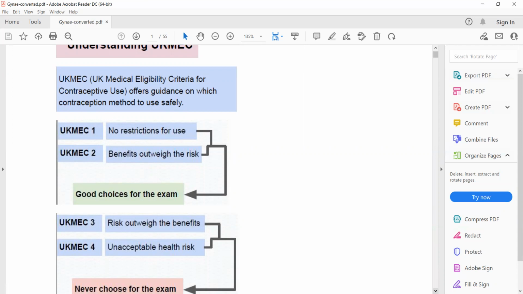So UKMEC 1 means the contraception can be used freely and there is no restriction to use contraception. UKMEC 2 means the benefits outweigh the risk. There is some risk with the use of contraception, but still the benefits outweigh the risk.